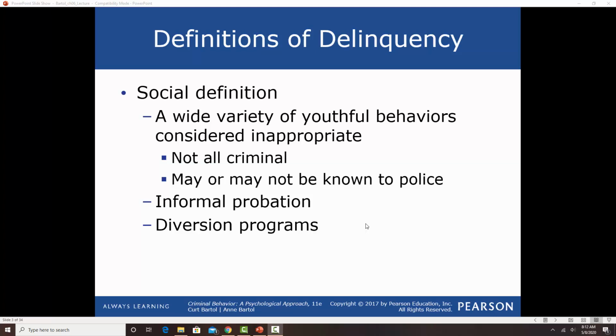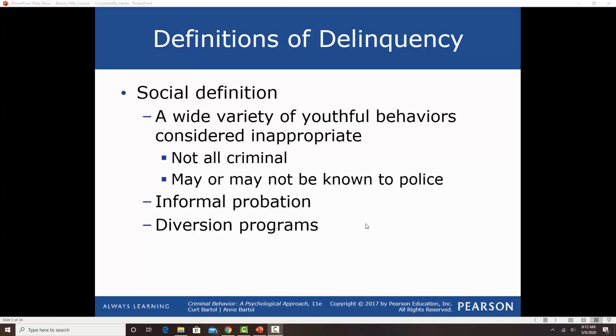Child delinquents, 7 to 12. Over the past decade, the number of child delinquents handled by the juvenile court system has increased by 33%. Overall, children younger than 13 make up about 9% of all juvenile arrests. And again, the social definitions include a wide variety of behaviors that may or may not overlap with criminal behavior. So it could be inappropriate behavior, aggressive behavior, truancy, petty theft, drug use.